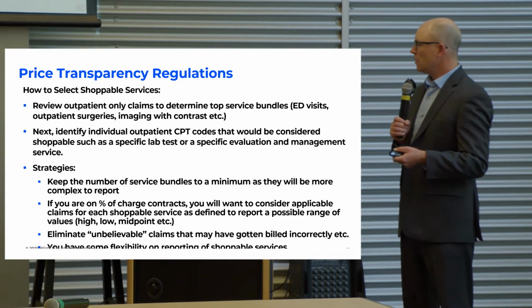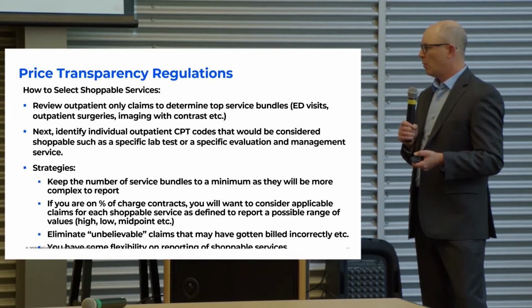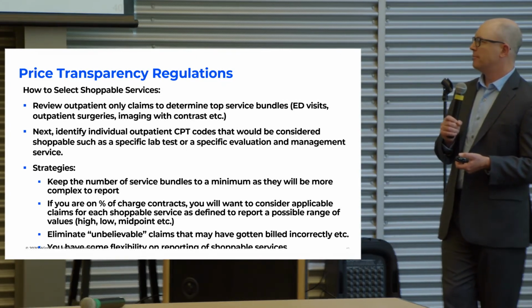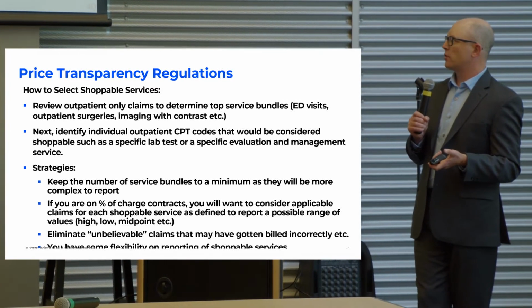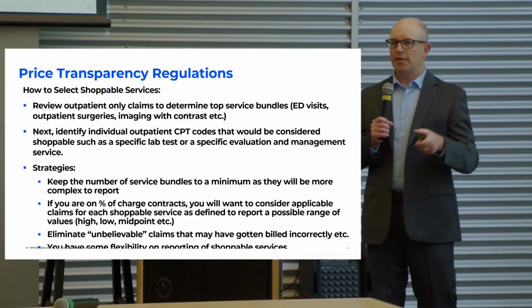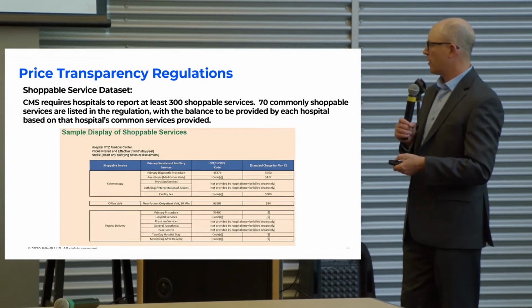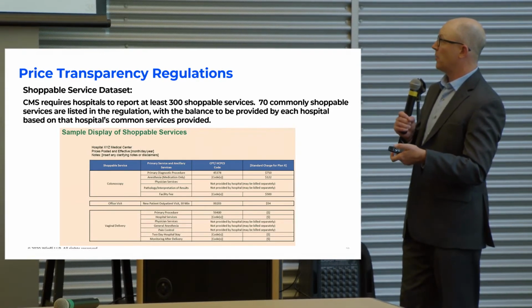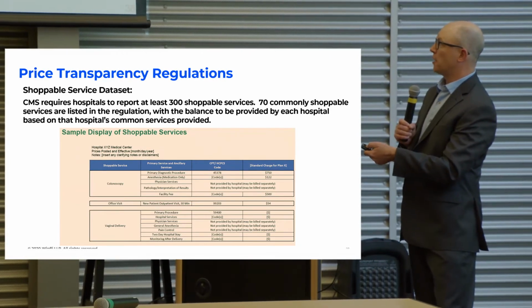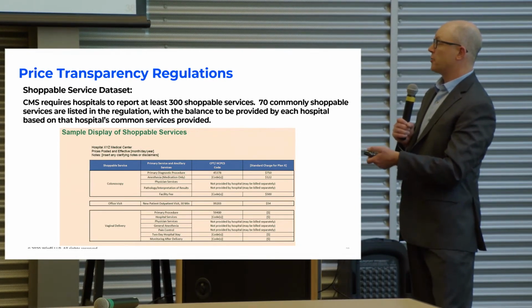One thing that we wanted to raise your attention on is to keep the number of service bundles to a minimum. For each bundle, as you saw a few slides ago, this is what a service bundle looks like. We have a couple here as an example: colonoscopy, office visit, and then vaginal delivery.